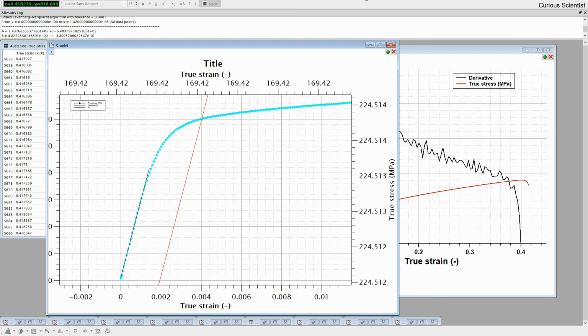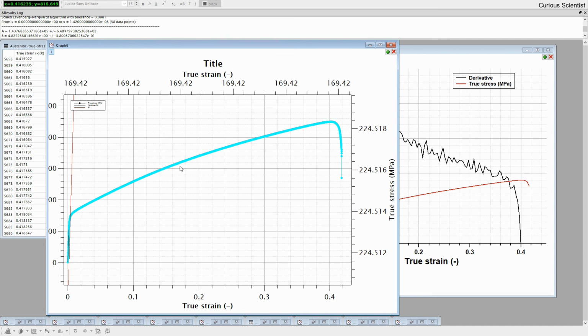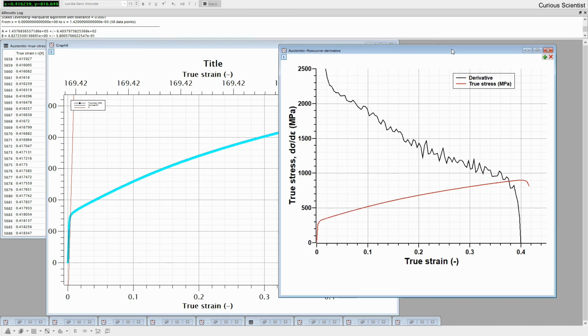And then after getting these two values, modulus of elasticity and proof stress, we went back, we made a derivative of this curve, and then we plotted it on the same figure, and by reading the intersection we got the uniform elongation and the ultimate tensile strength of the material, and then if we go further we can also get the total elongation and the rupture strength of the material as well.